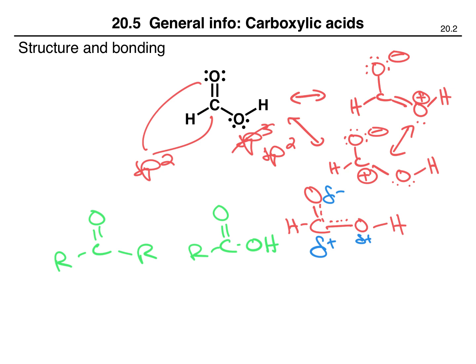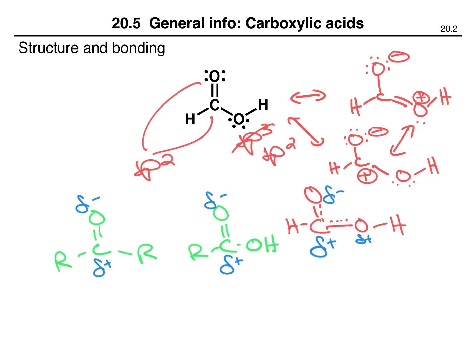Based on inductive effect as well as resonance effect, this oxygen is going to be pulling away electron density from the carbon. And so in both cases, the oxygen takes on a partial minus and the carbon has a partial plus.